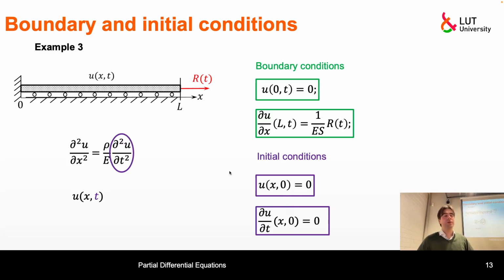But in that case, we need to formulate two of them: one would be displacement at each point at the initial time moment, time equal to 0, and the second would be velocities at each point. Those two are different conditions. We can say that initially this bar is undeformed, but at the very first moment its points already have velocities. So the next moment they will move somewhere, regardless of this force, even if we have no force applied.